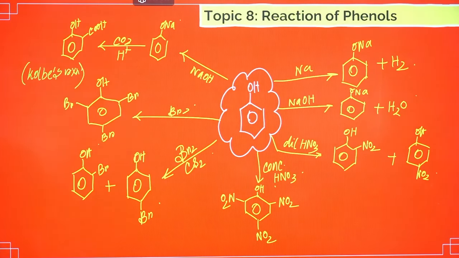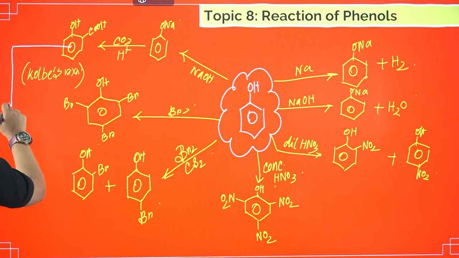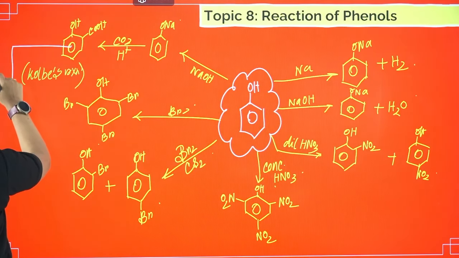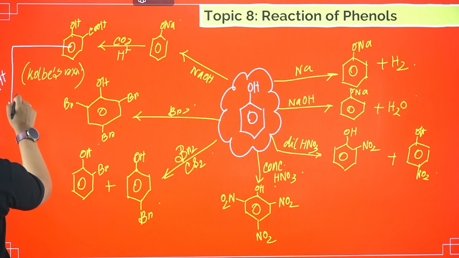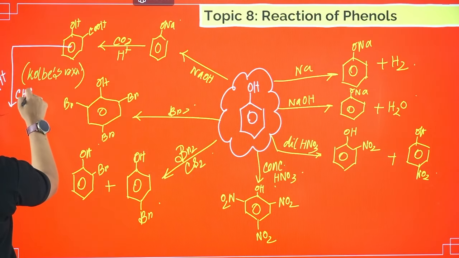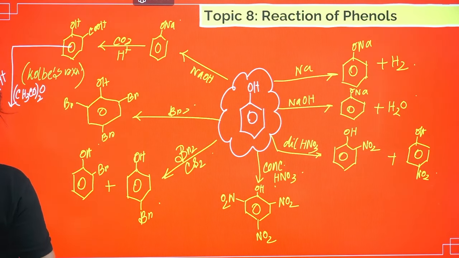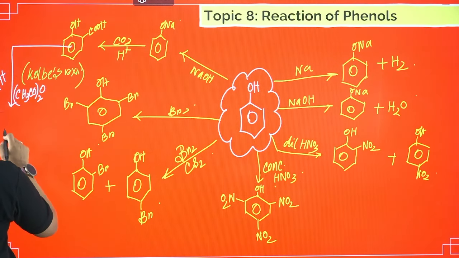Now I can show you one more important synthesis. From salicylic acid itself, if you do acetylation, with H plus and (CH3CO)2O, you will end up with aspirin.